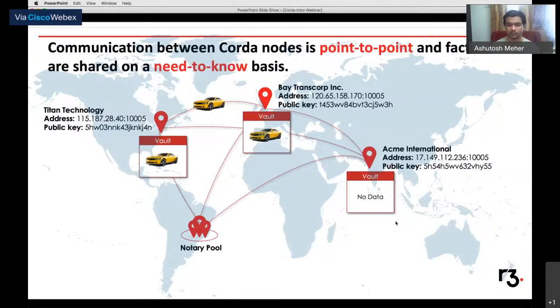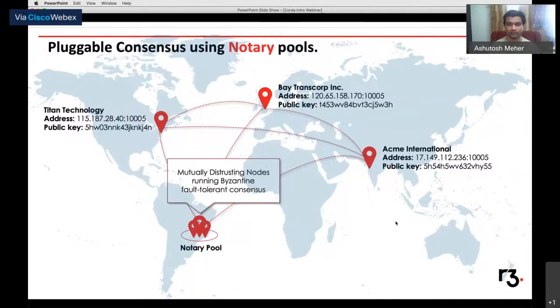So if Titan sells this car to Acme, Acme might believe that Titan hasn't ever done a transaction with Bay. In order to prevent this, we have a logical component called notary, through which every transaction should go. Notary is not a single node. It can be, but it's mostly a pool of nodes running together, providing consensus around whether a transaction is a duplicate or an attempt to double spend.